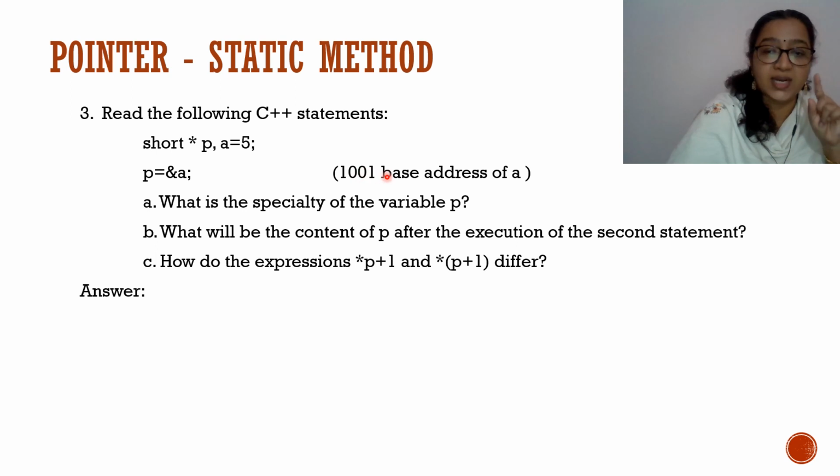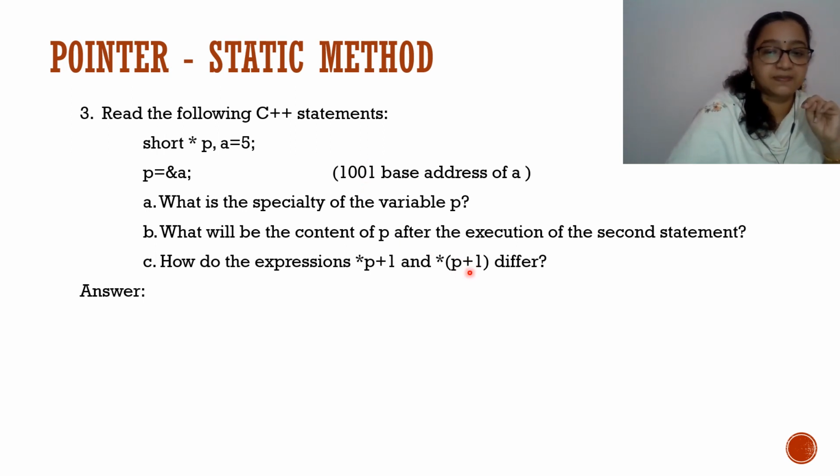So 1001 is the base address, but for A, 2 bytes are there. So 1001 is the first byte and 1002 is the second byte. So P plus 1 means we move to the next location after 1002. Clear? So we will get 1003 as the address now.